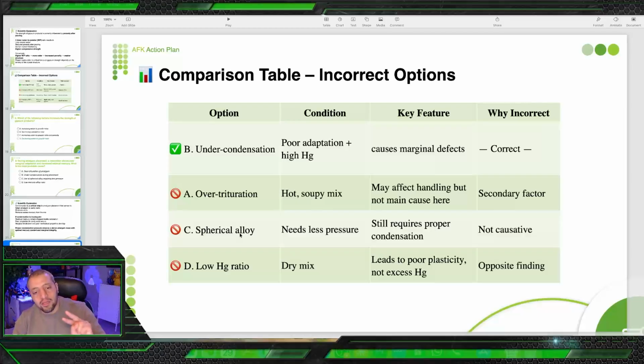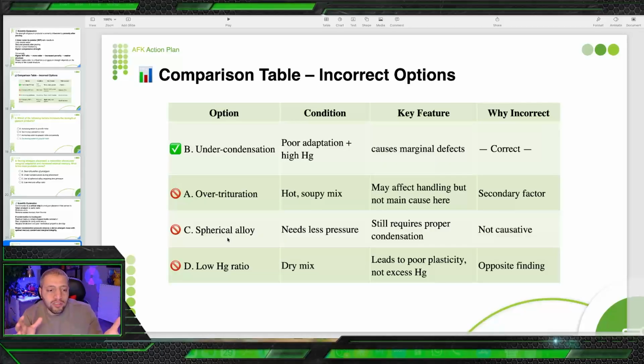Spherical alloy. So we have spherical alloy amalgam, and admixed, which is a mix between spherical alloy and the irregular shape. The spherical alloy will have less surface area, which requires less mercury, which is going to end up with less residual mercury, which is going to end up with better physical and mechanical properties. And this is a very important concept for you to understand.